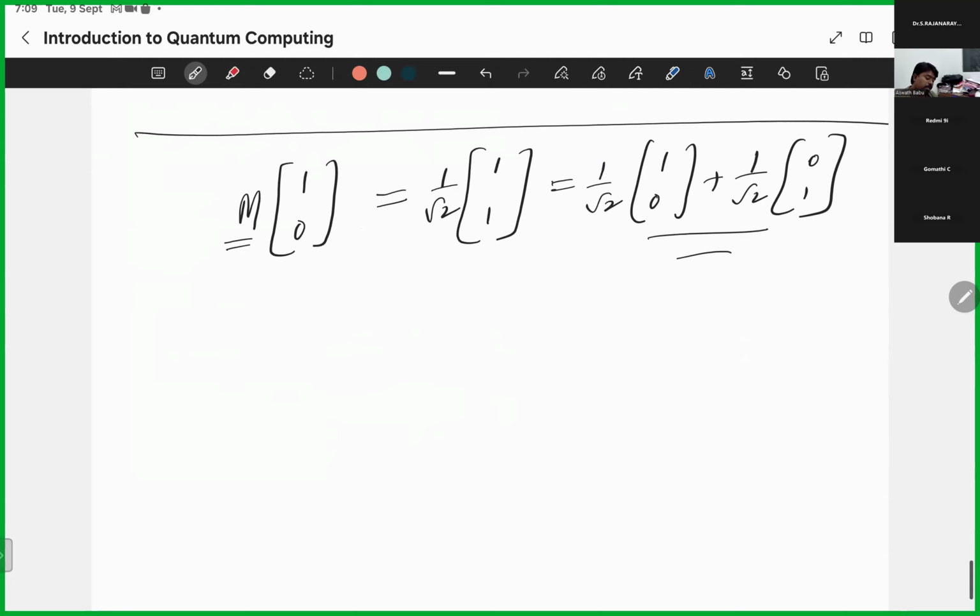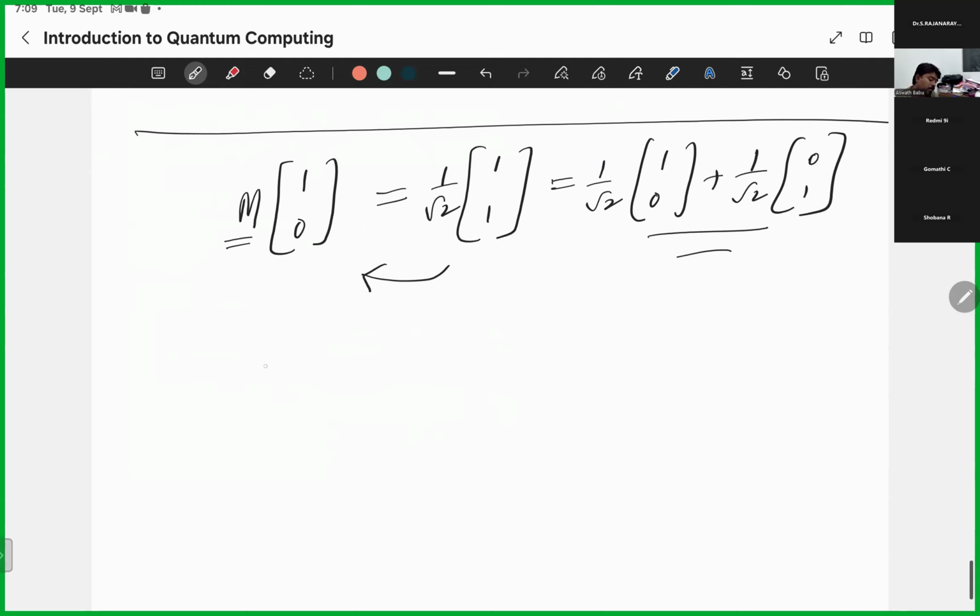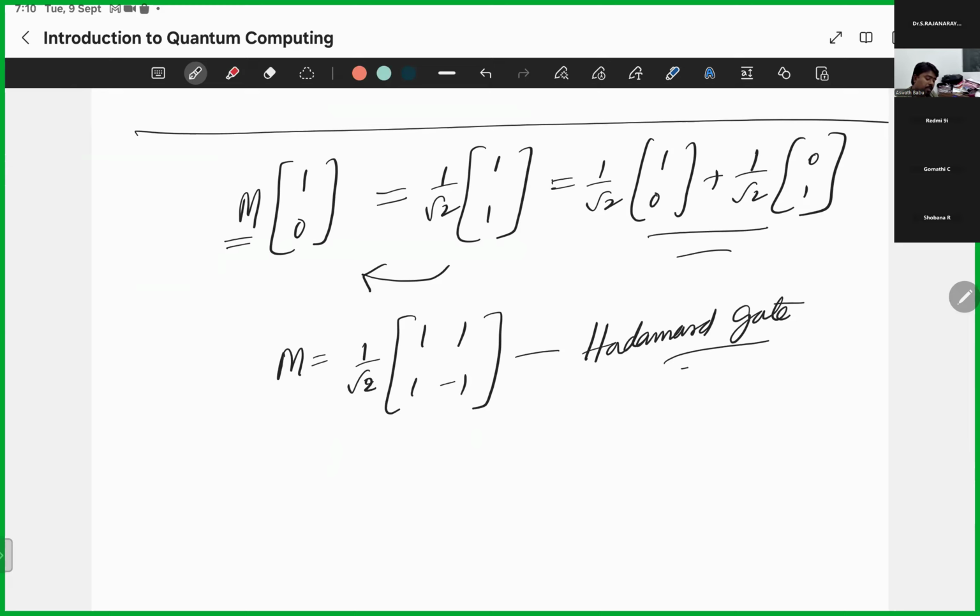In a reverse fashion, you can easily find that this M is actually 1 by square root of 2 times [[1, 1], [1, -1]]. So this is called the Hadamard gate. In the lab, it corresponds to a pi by 2 pulse of photons, and it is represented by the H gate.